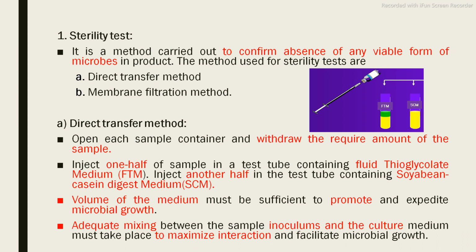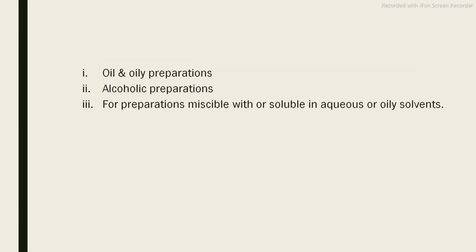Because the number of bacteria is very low. So that's why, in order to check the results whether it is actually positive or negative, we have to keep both of the test tubes for minimum 7 days. So minimum 7 days you have to keep both of the test tubes in the incubator, and after 7 days you have to check the result.